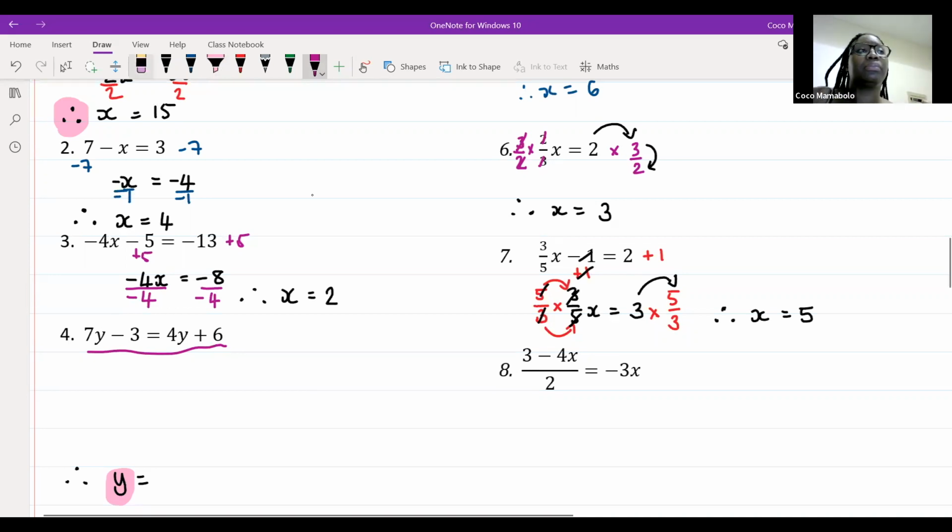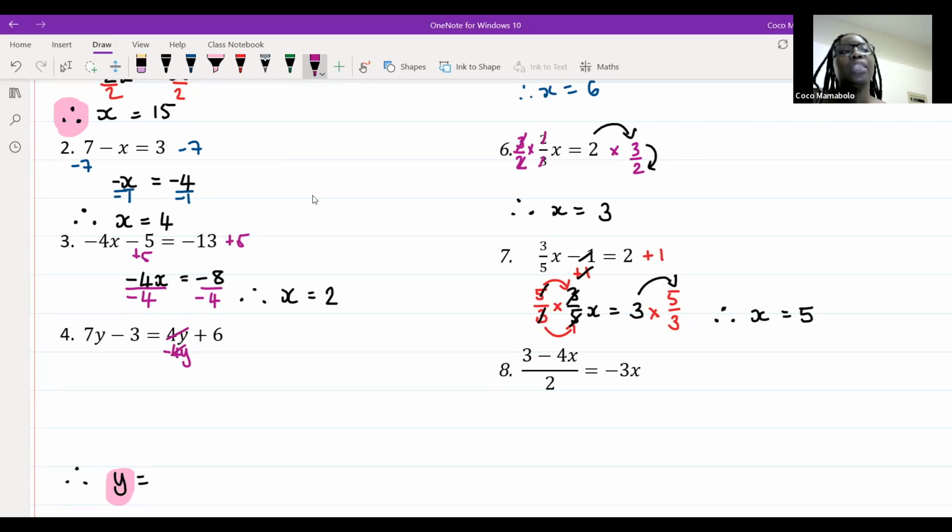Do you get that part? Yes, ma'am. Okay, excellent. So if I've got 4y on this side and I want to take it over the equal sign, if it's positive on this side, it will become negative. So I can just go minus 4y, because 4y minus 4y is 0, yes?